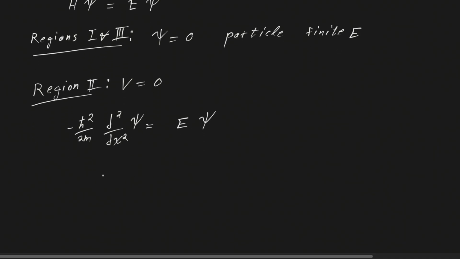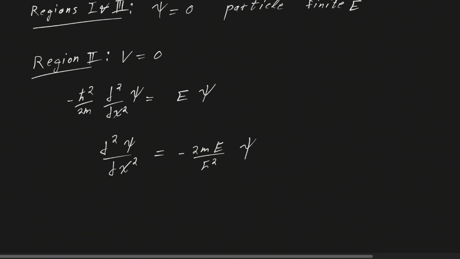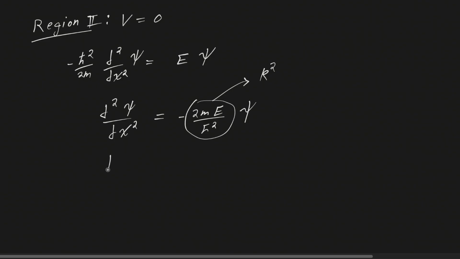Multiplying by the constants and rearranging, we have d squared psi by dx squared equal to minus 2mE over h bar squared times psi. We define this constant to be k squared, and so the equation becomes d squared psi by dx squared equals minus k squared psi.